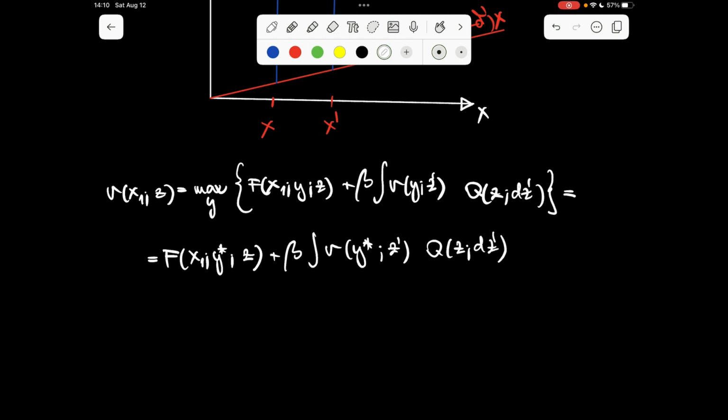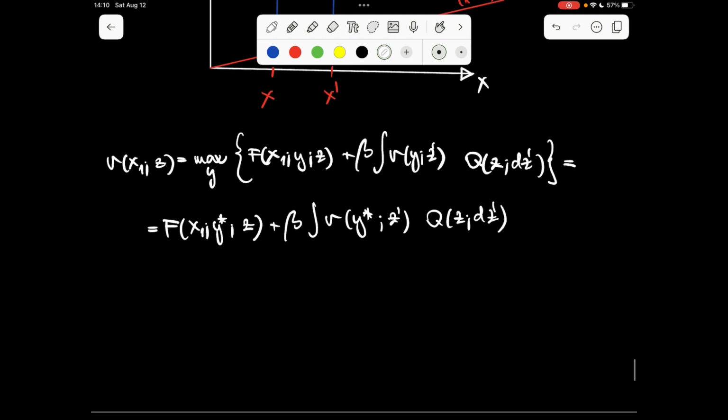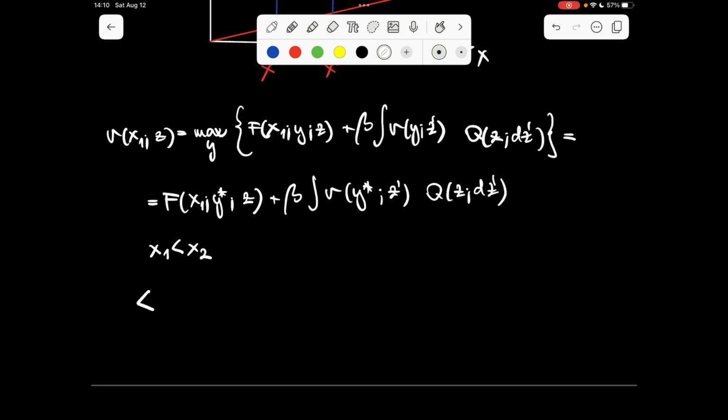And now let's have another starting value for the capital stock.